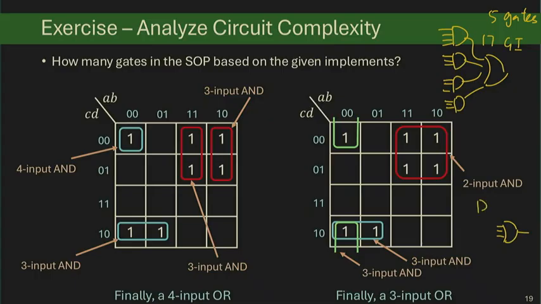So again, I have 3 AND gates, one of them with 2 inputs, the other 2 with 3 inputs. Now I have 4 gates. And 2, 3, 3, 3, 11 gate inputs. A considerably smaller circuit compared to the first implementation.